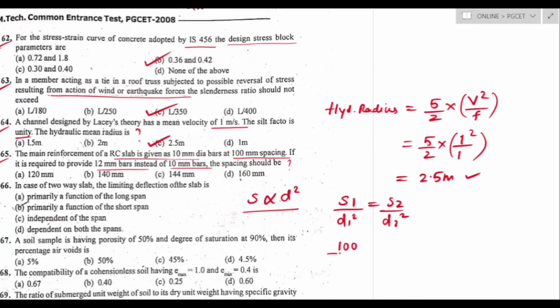S1 is 100 mm spacing and D1 is the diameter of the first bar, 10 square, and we have to find the second spacing, where the diameter of the second bar to be replaced is 12 square. So the spacing will be 12 square multiplied by 100 divided by 10 square. Therefore the new spacing is 144 mm. Option C is the right answer.